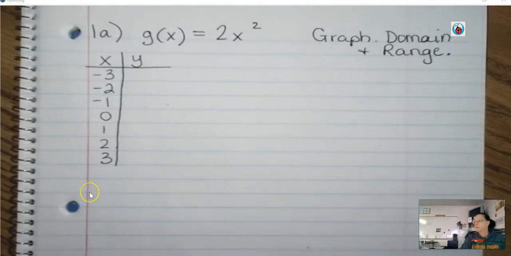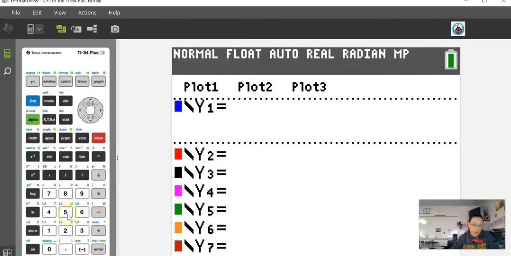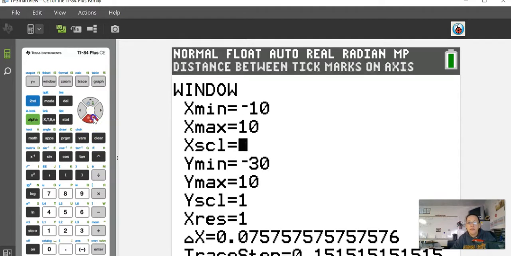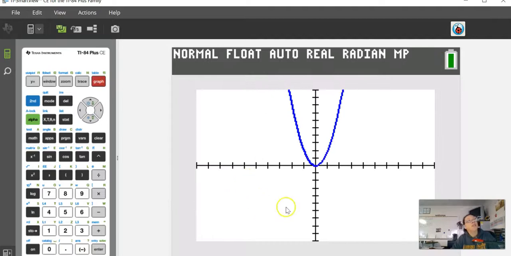And now grab Desmos, grab your graphing calculator, and you're going to put in y equals 2x squared and pull up your table. Okay, so I'm going to type in 2x squared. If you want to see what the graph is going to look like, wait, I got to change my window. Do -10 to 10, -10. Okay, your graph should end up looking like this.